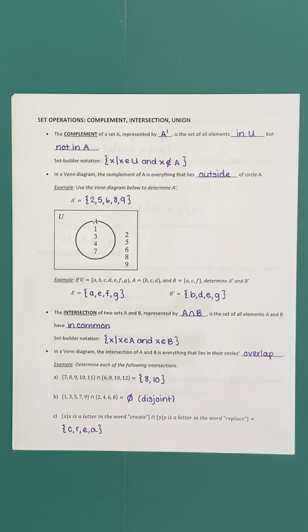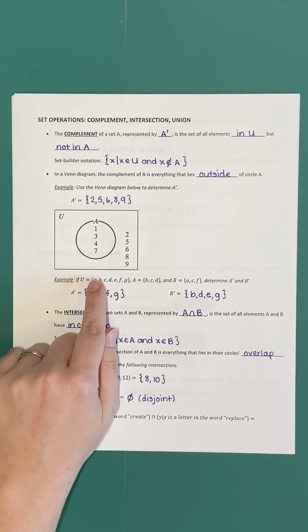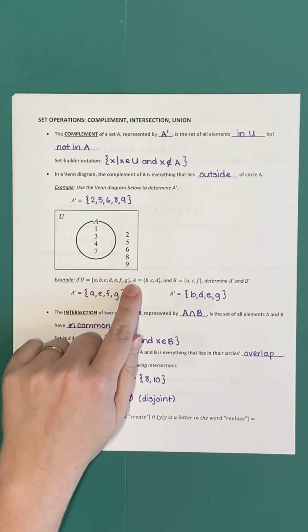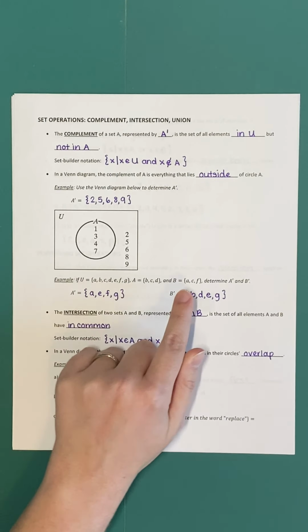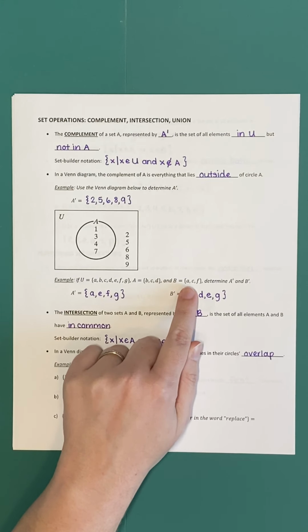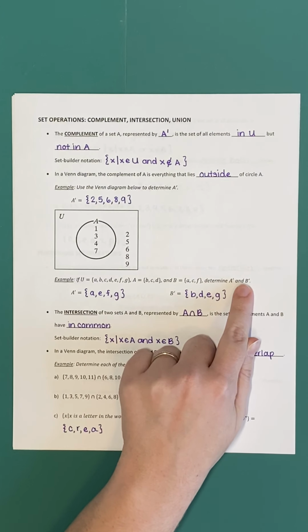Now we can do the same kind of thing without the Venn diagram. As long as you know what the universal set is and you know what your individual subsets look like within that context, you can find a complement without an actual diagram. So for example, if U is equal to the letters from A to G, and we've defined the subsets A and B as B, C, D, and A, C, F respectively, we want to determine A complement and B complement.